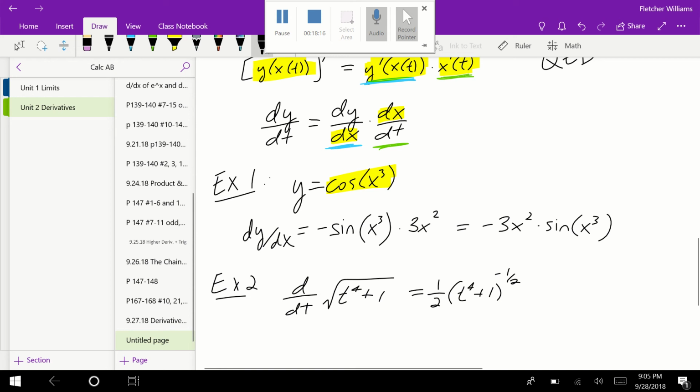Then you just multiply it by the derivative of the inside, 4t cubed. So you get a final answer here of 2t cubed times t to the 4th plus 1 to the minus 1/2.